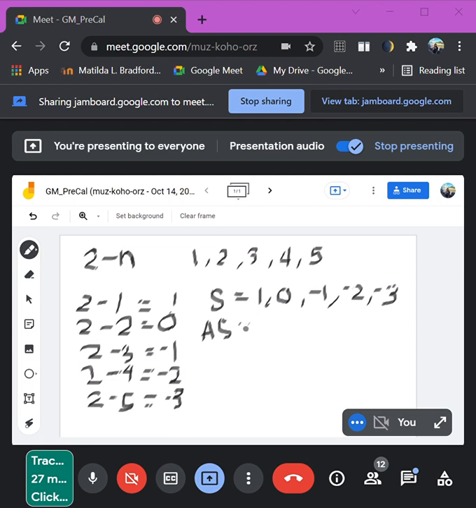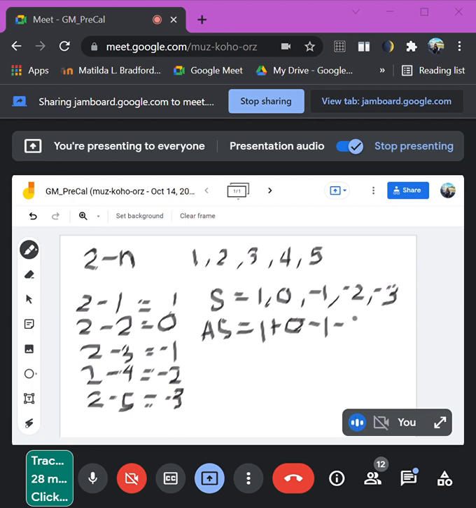Okay, so it's like this: we have commas since it is a sequence. So what we will do is change the commas to plus or minus signs. So this is 1 plus 0. And then this one, we have minus 1.